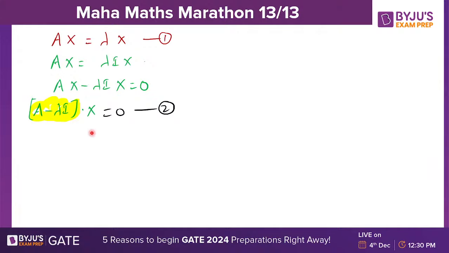What is the condition for a non-zero, non-trivial solution? The coefficient matrix must be singular, that is, its determinant must be 0. So equation 3 is obtained by application of a homogeneous system. So the invariant vector gives you equation number 3, determinant of A minus lambda I equal to 0. I'm rewriting this equation 3 here.